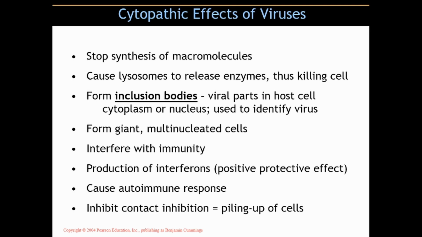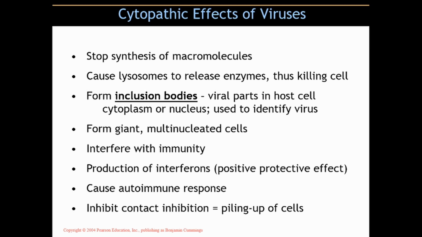They can form giant multinucleated cells, which means more DNA available to the viruses, which is what they're after. They want to use our DNA so they can use our code to make the proteins they need. So they induce the cell to become multinucleated and become a massive cell.